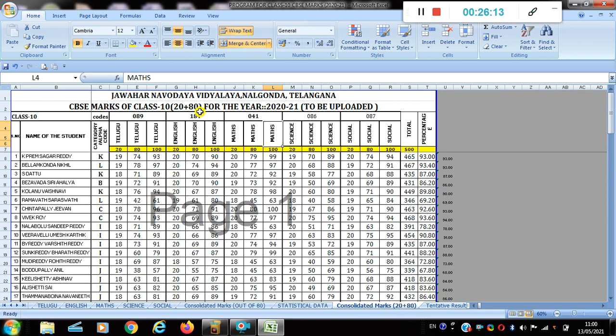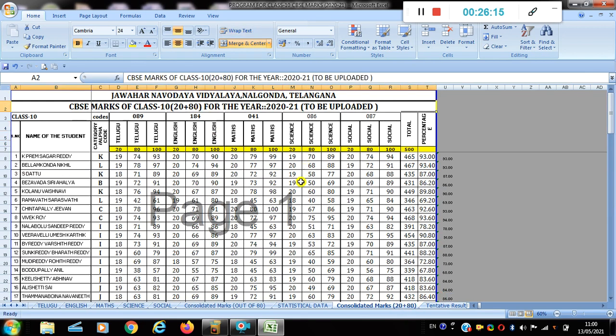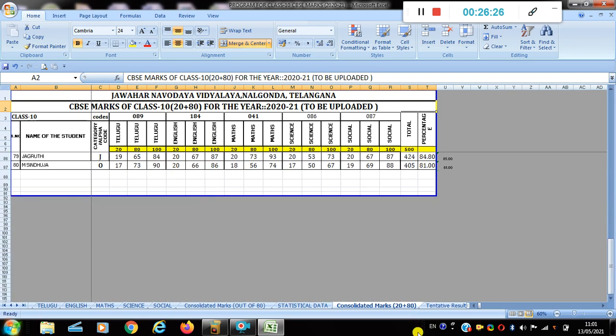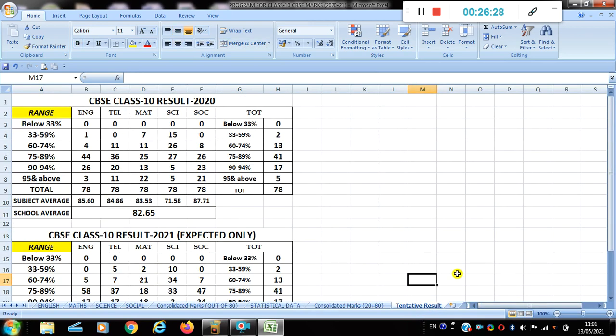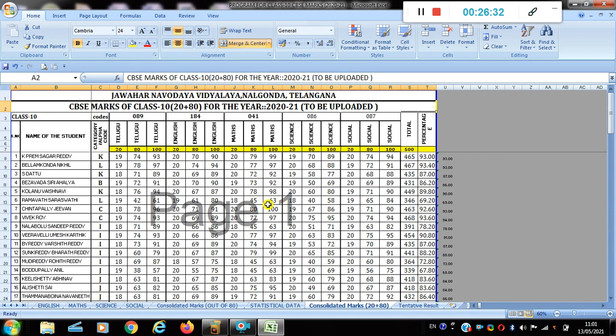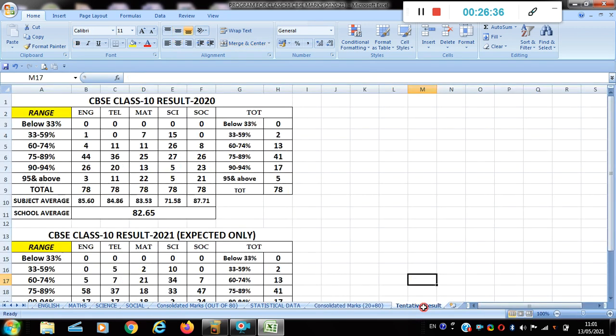20 plus 80, 20 plus 80. Actually I should not keep this thing. This is just to have an idea of this year's performance out of 100, and this is a tentative result. If CBSE finalizes the marks we upload out of 80 and out of 20, then this will be the tentative result.